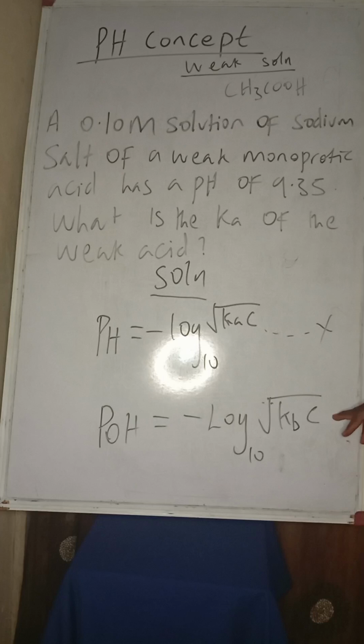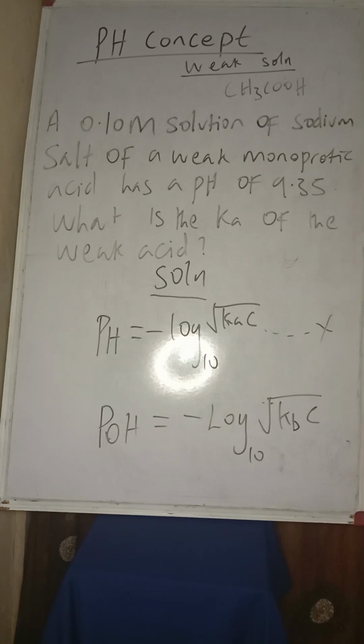That means a base that has just one replaceable hydroxide ion, or a salt of a monoprotic weak acid. A salt of a monoprotic weak acid uses this formula, because such salts will behave like a weak base. When it is a diprotic acid or diacidic base, there's another formula to use, so I'm going to explain that before we leave this video.